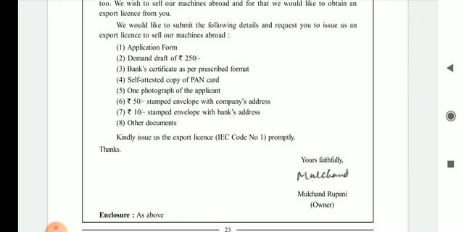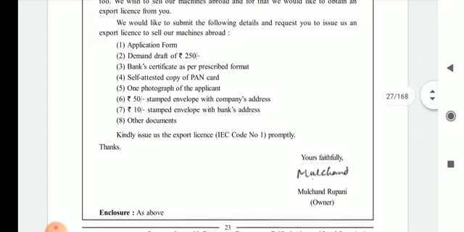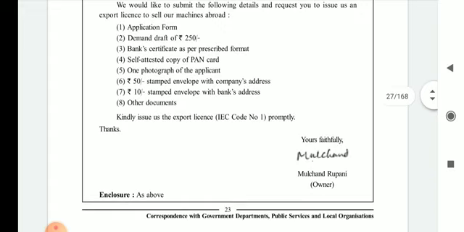So make a note, if you want to apply, that this is a very important letter for your concern as well as the board examination. Clear? So which type of documents are necessary? Then you have to mention the following details. Which type of document is necessary?